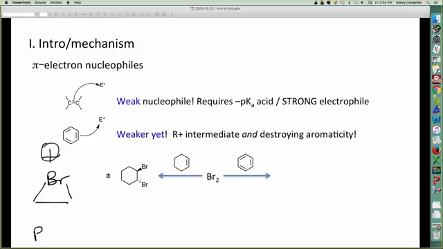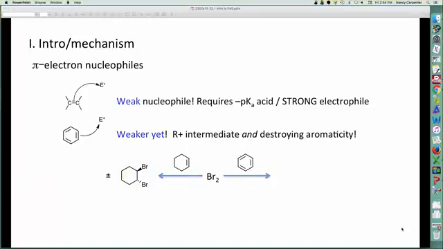Doing a little review here if you couldn't tell. So, backside attack on this bromonium ion intermediate gives you exclusively the trans stereochemistry.